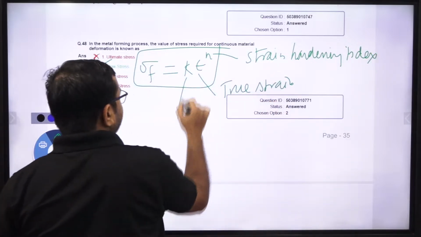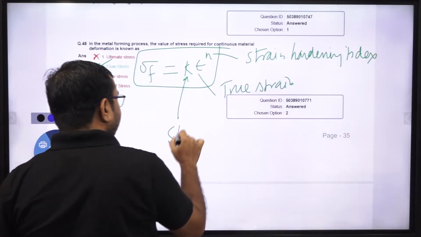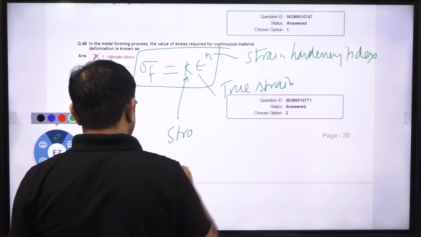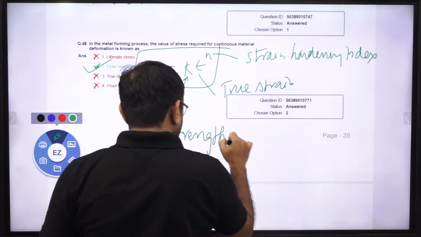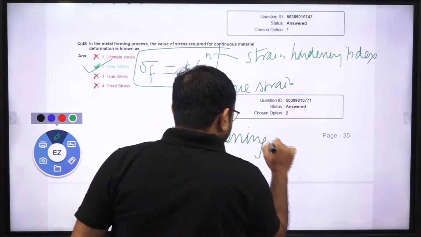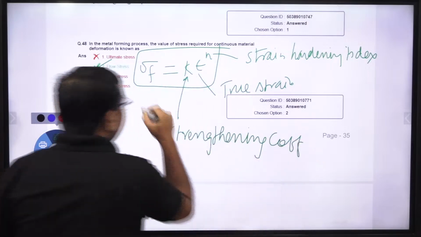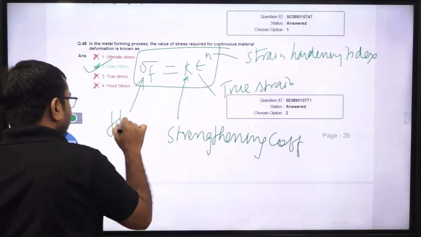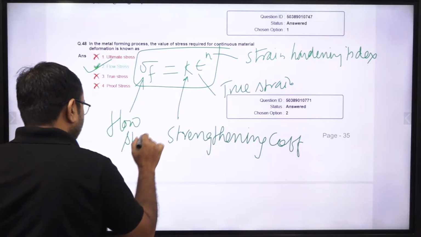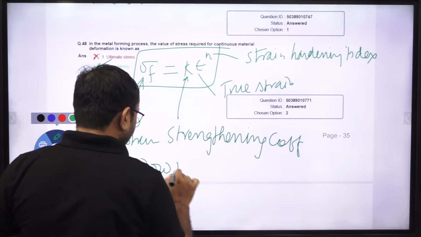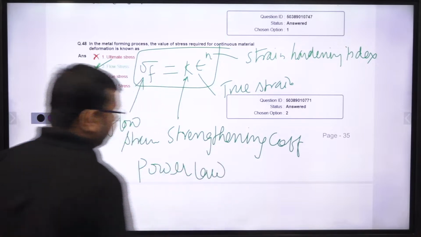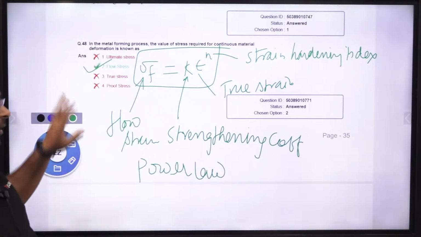And K is the strength coefficient, and this is flow stress. And this law is called the power law. Yes or no? So this is all about this concept. Is it clear?